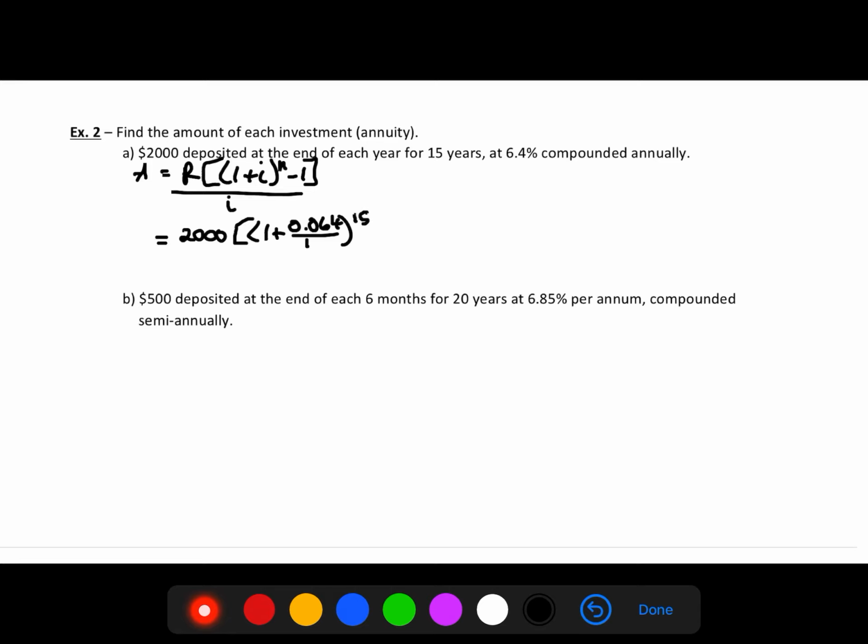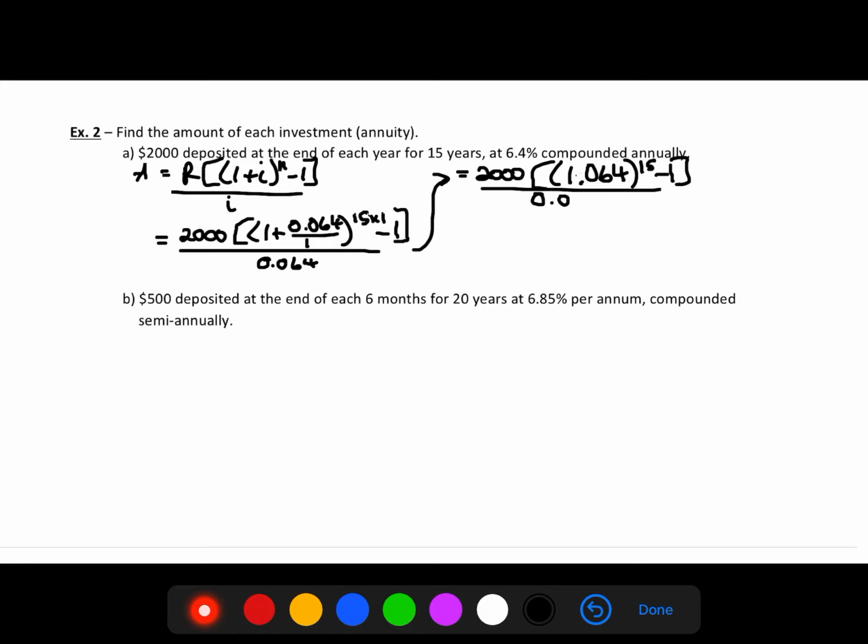Our regular payment is $2,000. Our interest rate is 0.064 compounded annually. So that means that it's ultimately not going to change our I and our N because it is just happening once a year.